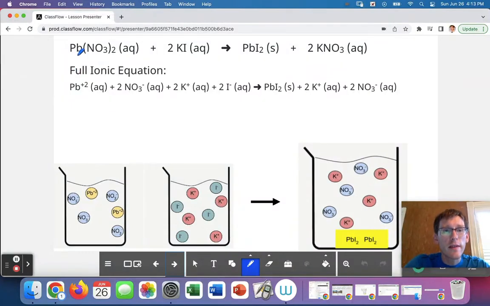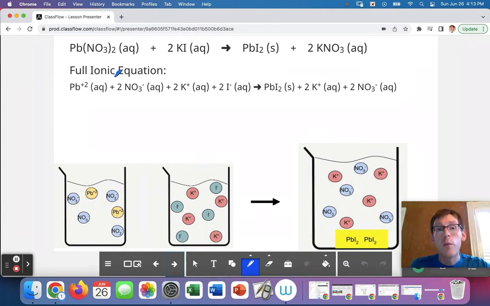Instead of saying that there's lead-2 nitrate that's aqueous, which suggests the lead and the nitrate are actually floating around together, we're going to say that there are lead-2 ions, and they are aqueous, and they are on their own. And we'll also say that there are 2 nitrate ions that are also aqueous, and they are also on their own.